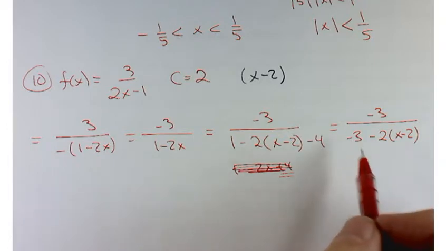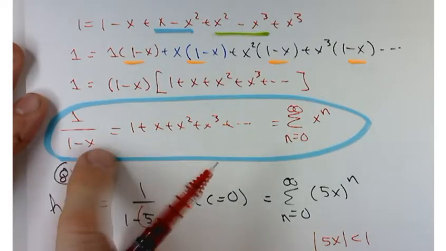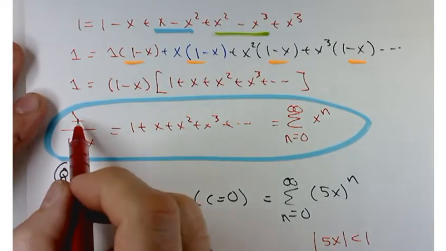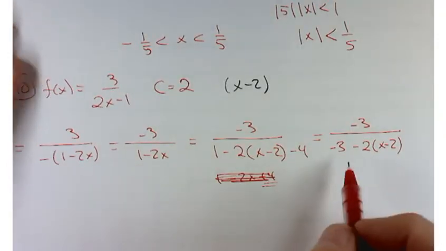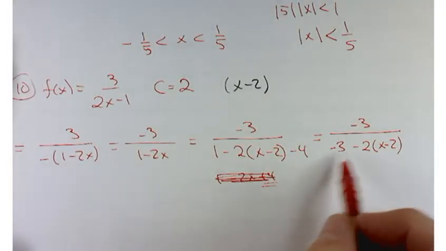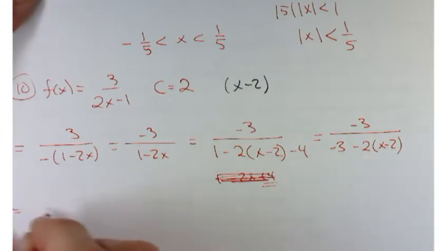In order for us to take advantage of this, we got to make it look like this. So I got to get a 1 here, and a 1 here, and a minus something here. So what I can do is factor out the negative 3. So negative 3, negative 3.